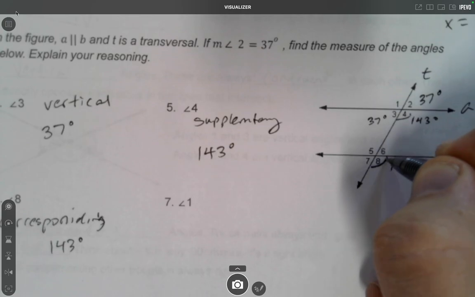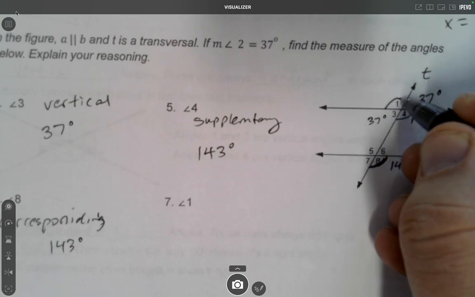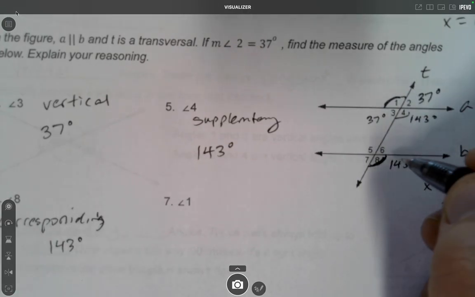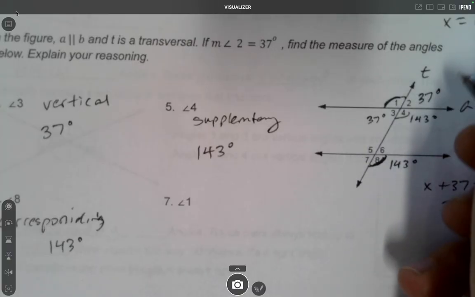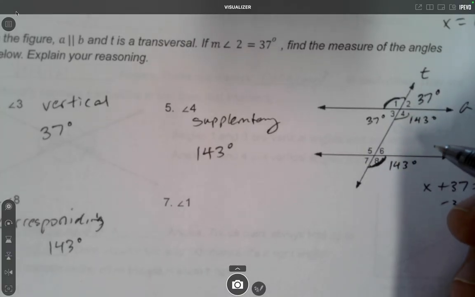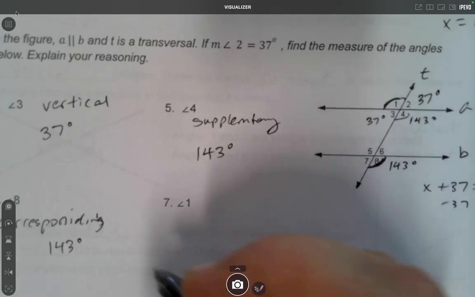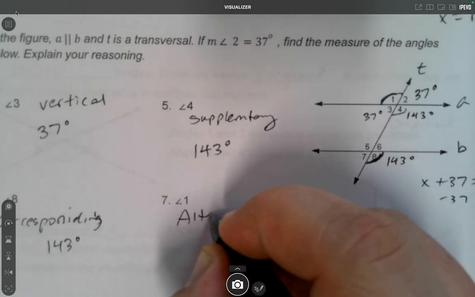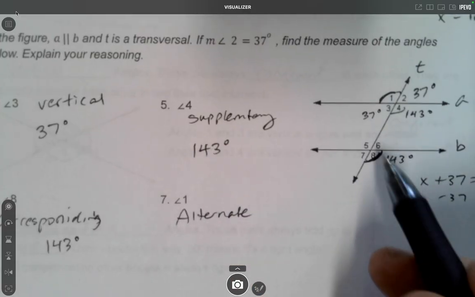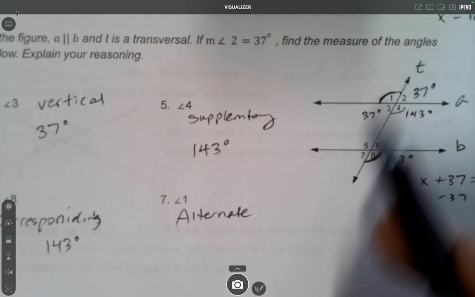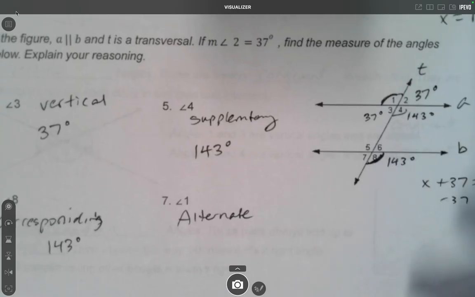So as I look at 8 and 1, I notice they're on opposite or alternate sides of the transversal, so that's where alternate must come in. So I'll just go and write alternate. This one's on the left of the transversal. This one's on the right of the transversal.